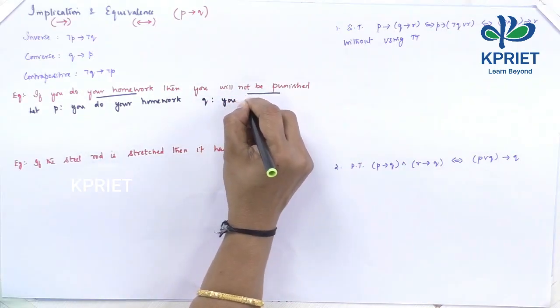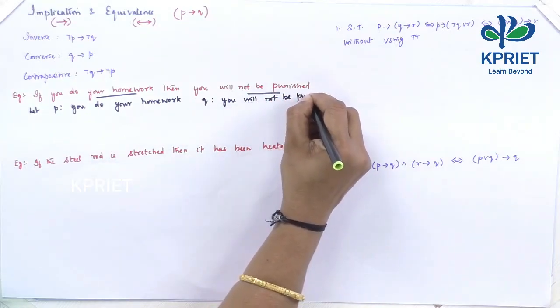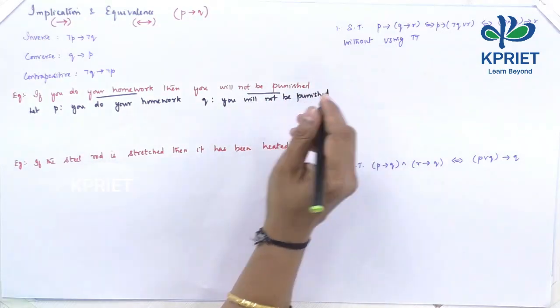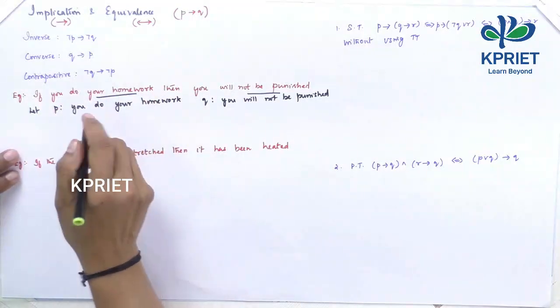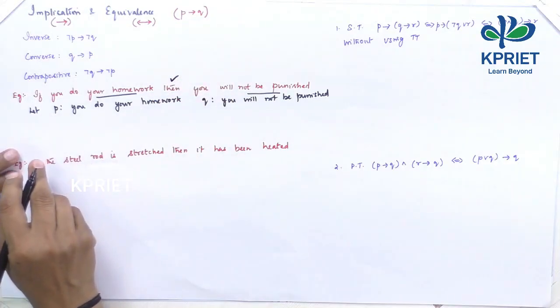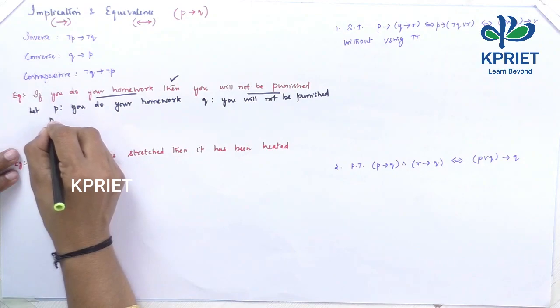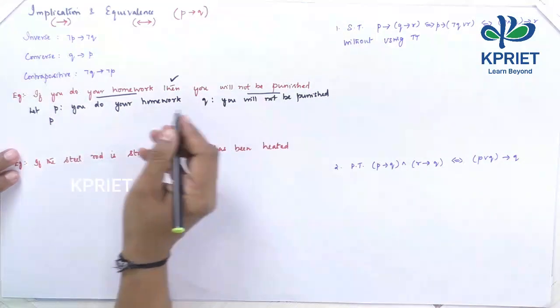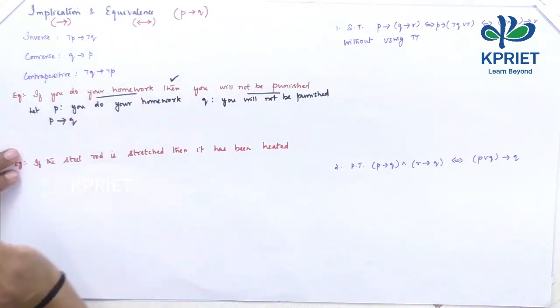Now look at the statement: if, then. What is the suitable connective here? It is conditional. If you do your homework, P, then you will not be punished, Q.